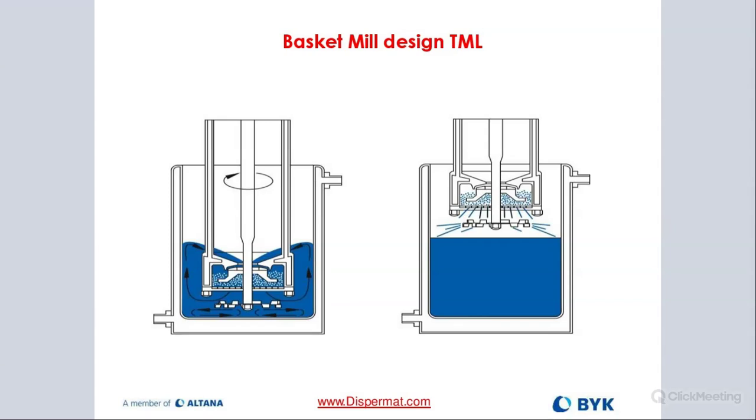And there we're basically able to remove the material in and out of the basket with that cow's blade that you can see on the bottom that's attached to the shaft, that actually has the purpose of pulling the material out of the basket and then push it back around to the top, where then we have a pumping wheel or vortex wheel inside of the basket mill to actually suck the material back into the basket, where then the milling disc and the beads will do the milling job. So it has a very good flow in and out of the basket.